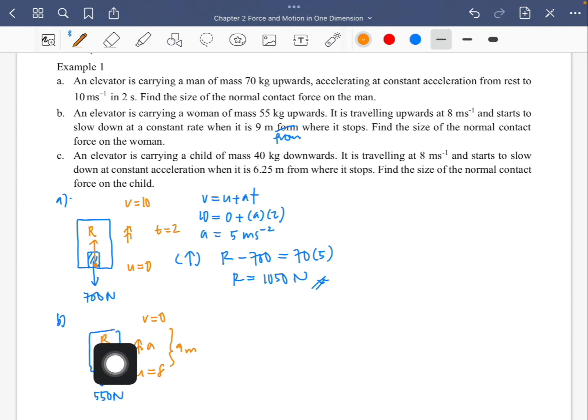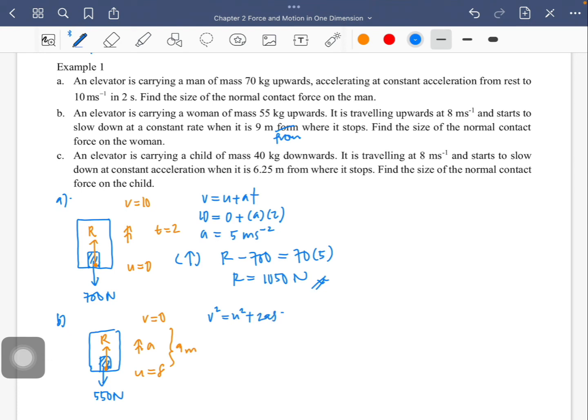As you can see, the initial velocity is 8 and the final velocity is 0, so you can expect the value of acceleration to be negative. First things first, we need to find the value of acceleration. In order to find the normal reaction force, we need to apply Newton's second law, but we first need the value of acceleration. For this case, we find the acceleration by a Suvat equation: v squared equals u squared plus 2as.